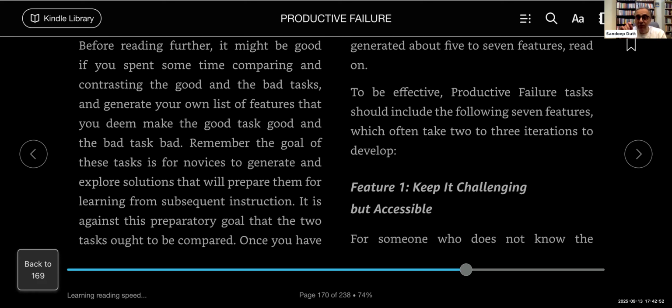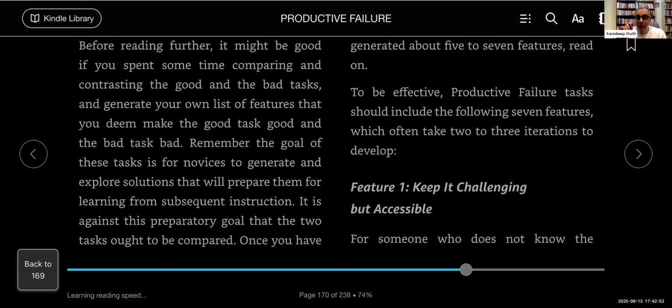For someone who does not know the concept of standard deviation, to solve the problem, both tasks are challenging, the good one and the bad one, the Amy and Ben story. However, the bad example is not accessible because the novice may not have even heard of the term standard deviation, let alone know what it is.